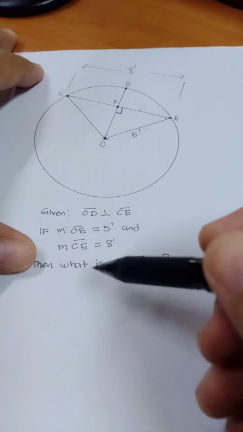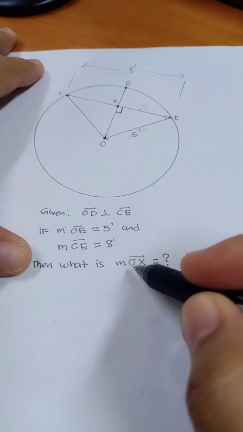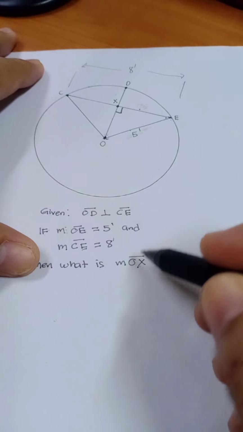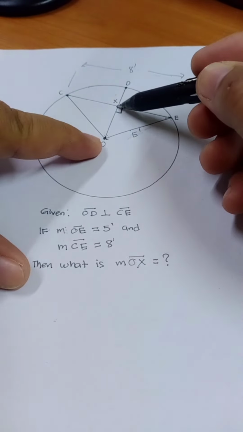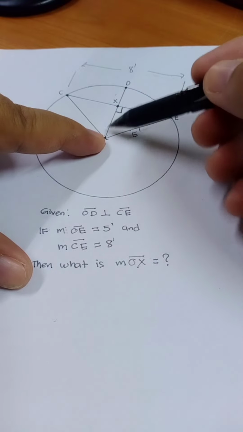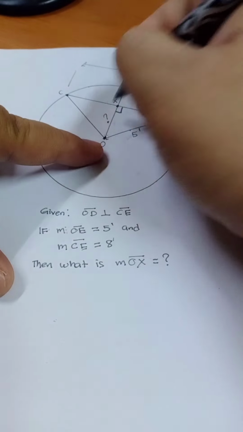Next is the question: the measurement of OX. So where is OX? This one, up to this point. We have to find the length of this line segment, and that is our problem.